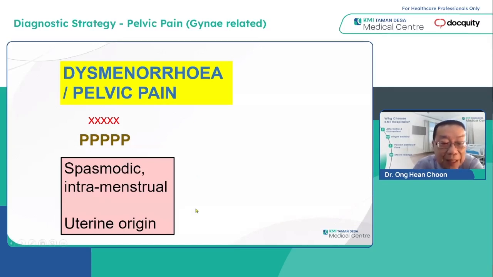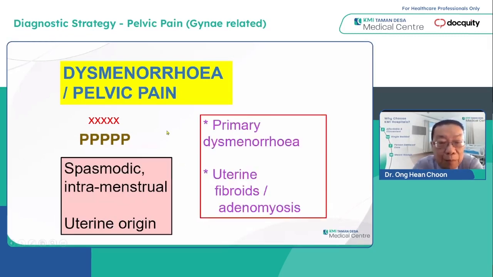It means that it is mainly of uterine origin. Therefore, the two common conditions would be primary dysmenorrhea or perhaps uterine fibroids or adenomyosis. So it localizes the problem to the uterus. I repeat, intramenstrual spasmodic crampy pains.